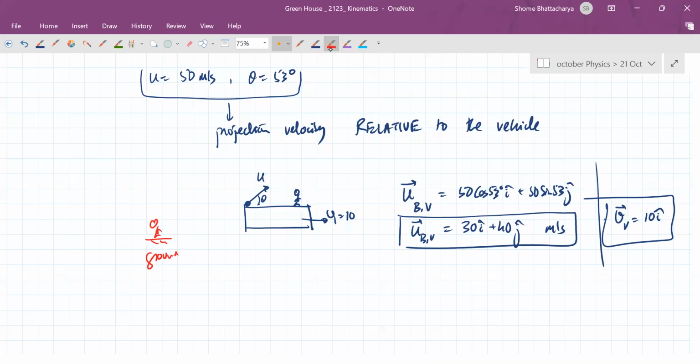what will happen is that the projection velocity of the ball in the ground frame will be this.